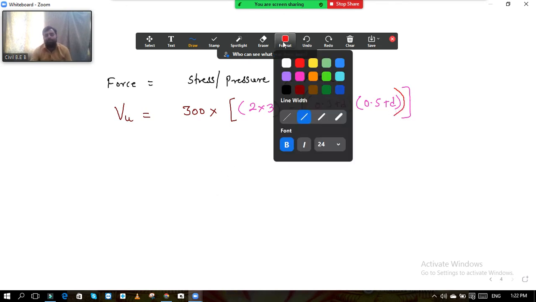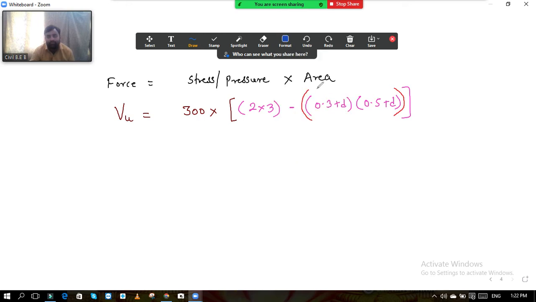So we need to solve the bracket first, so therefore Vu is equal to, so I will keep this 300 as it is, into here 3 into 2, 6, which is also as it is, minus here in the bracket, now 0.3 plus d and 0.5 plus d. So multiply by this 0.3 to this whole bracket, and after that with d to whole bracket.